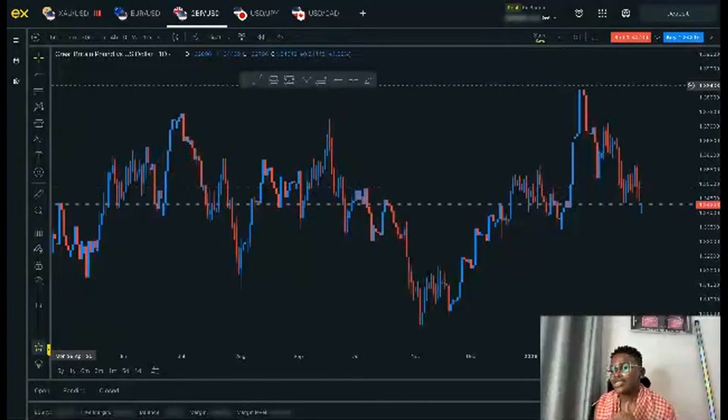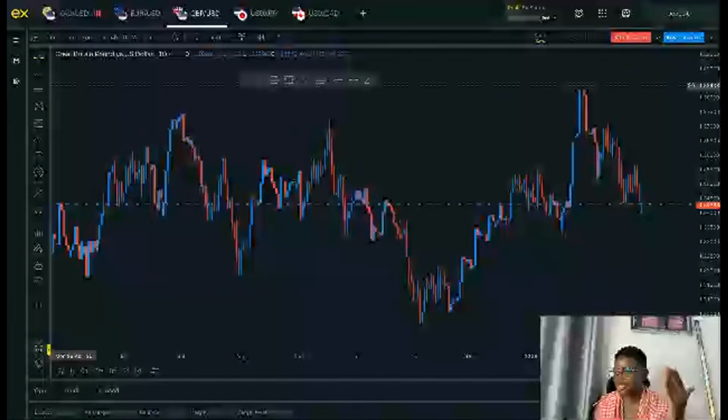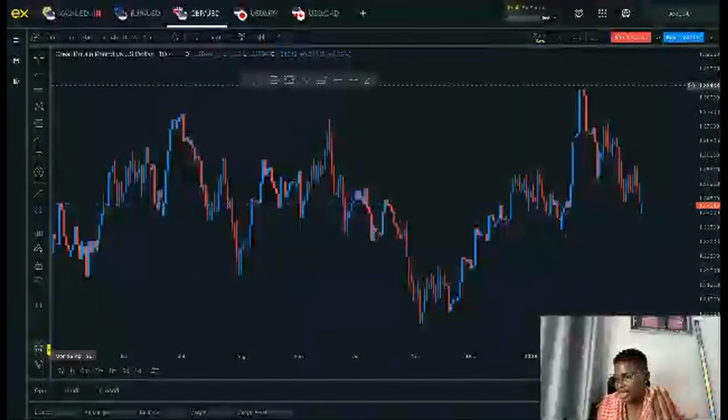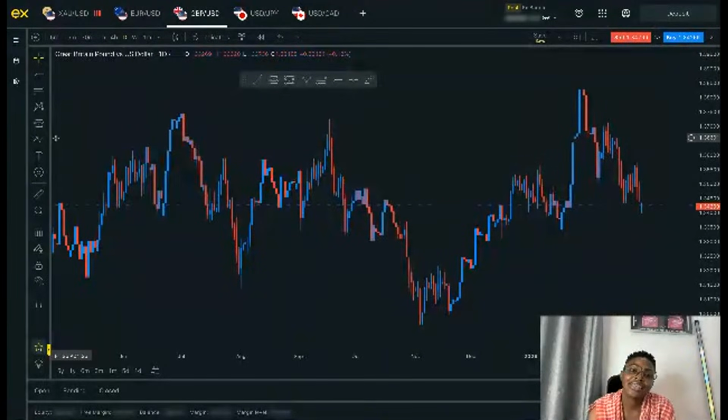USD CAD should sell. Forex is simple, like the simultaneous buying of one currency and selling of another. Meaning, if you analyze one pair very well, it gives you a heads up on another pair. Yeah, hope you guys get it.